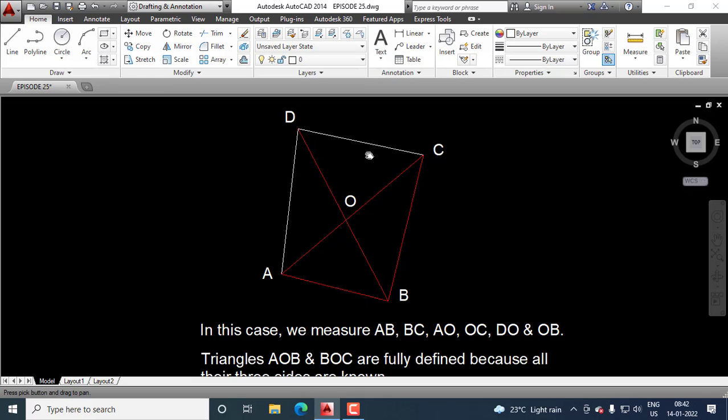We don't know the other third side. And also this side is not fully defined. For our calculations, we choose this triangle. We can choose this triangle also, but because this is a small triangle and this is a big triangle, it's better to choose a big triangle for accurate results.